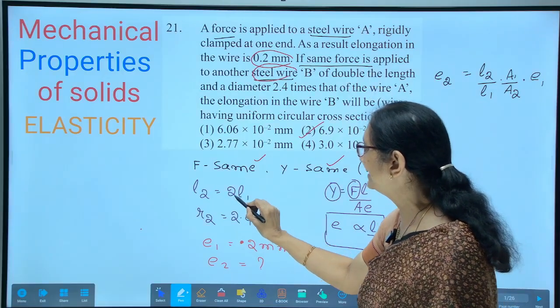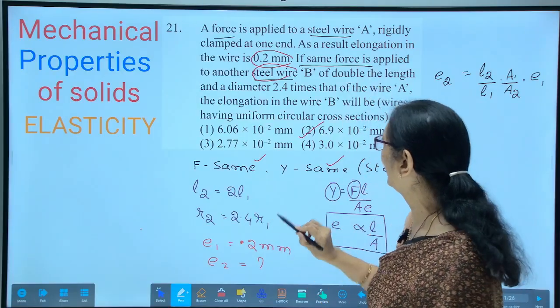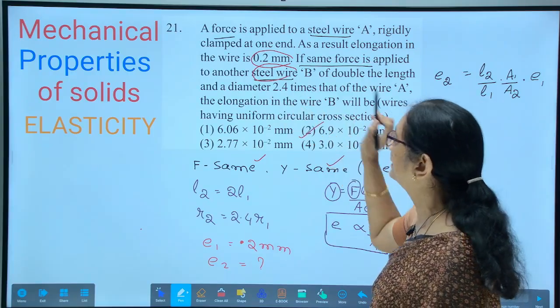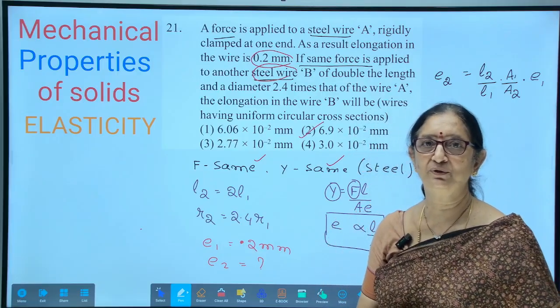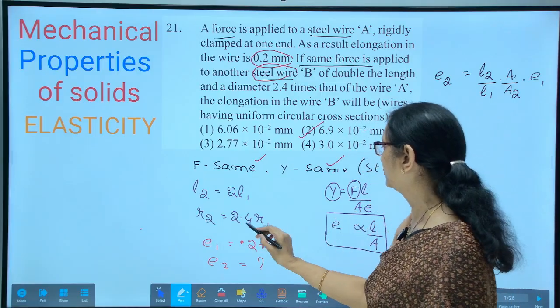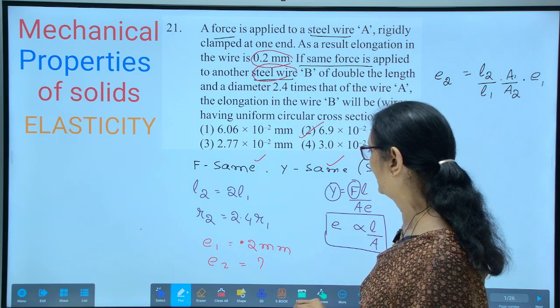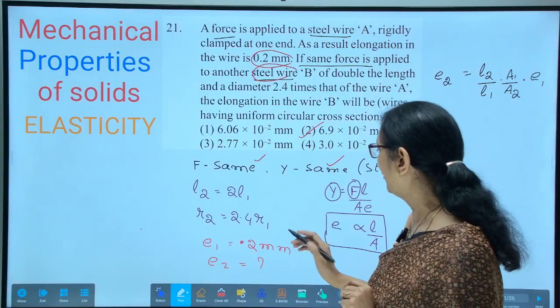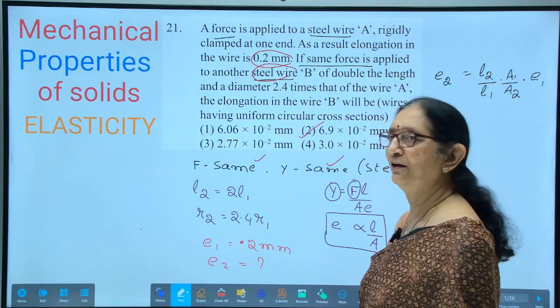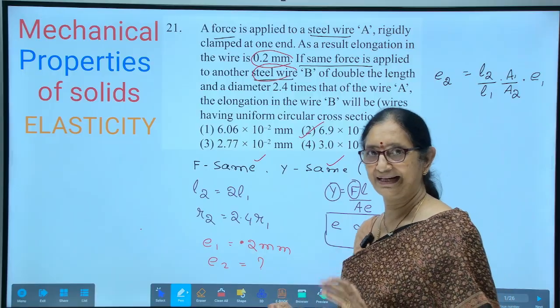So, L2 is twice the length of the first wire and diameter is 2.4 times. If diameter is 2.4 times, radius will be 2.4 times that of the first one. If elongation produced in the first wire is 0.2 mm, what is the elongation produced in the second wire?